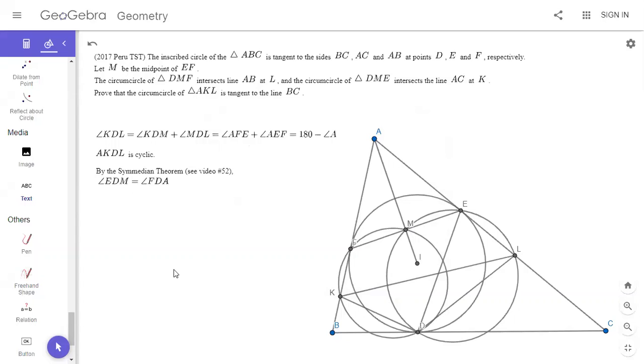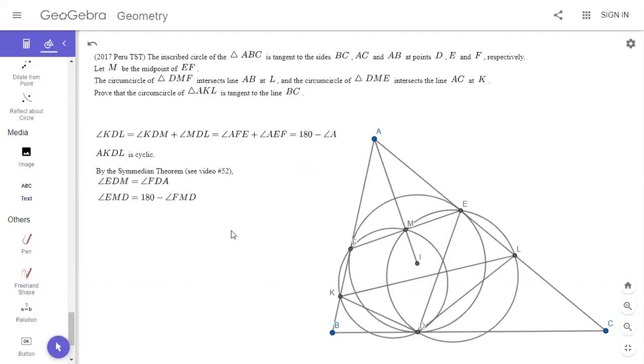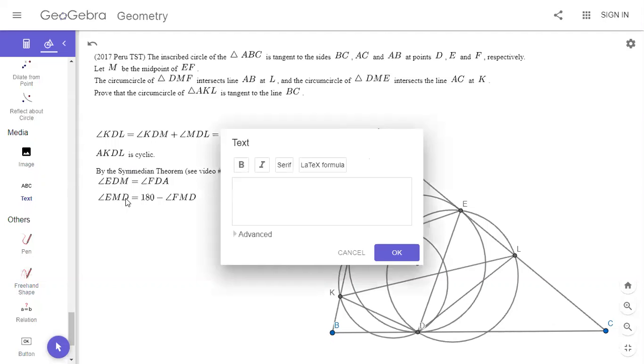I'll write it like this. Angle EMD is 180 minus angle FMD, which is 180 minus BFD.